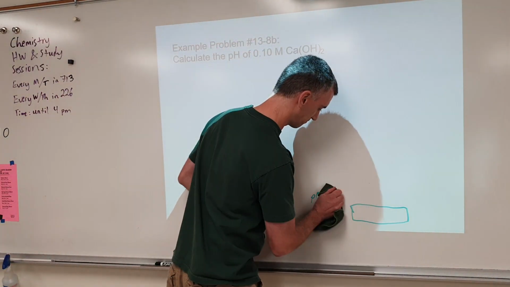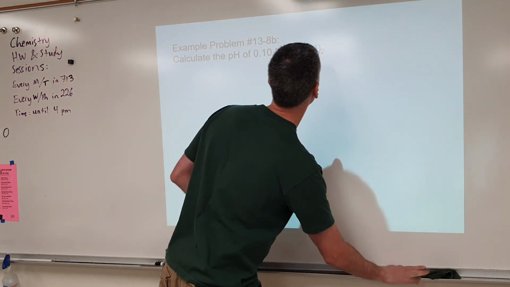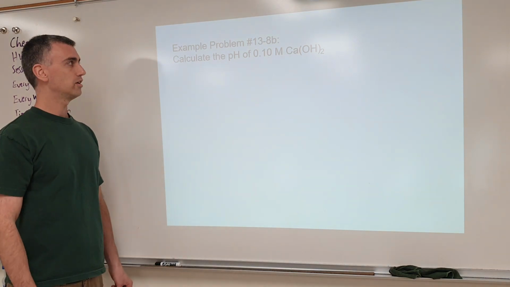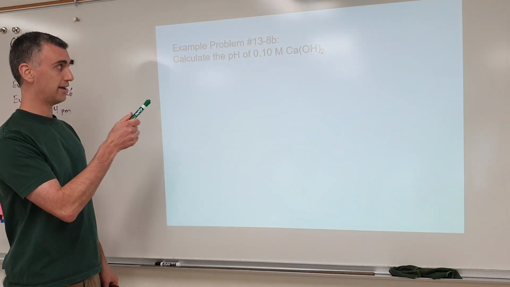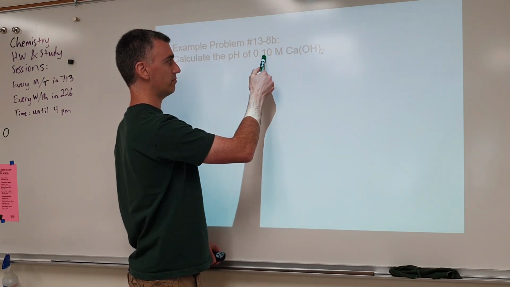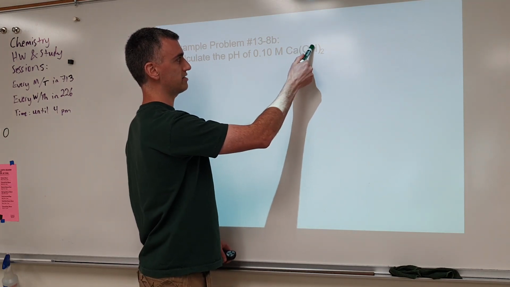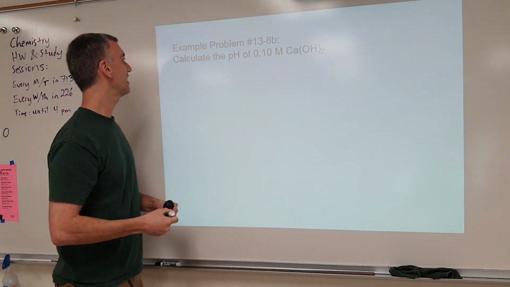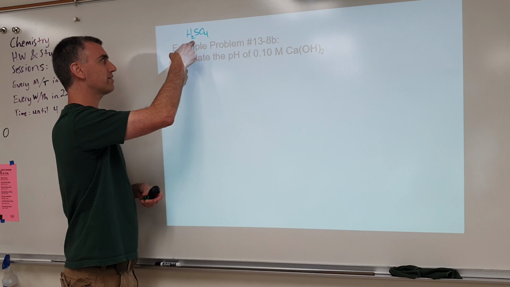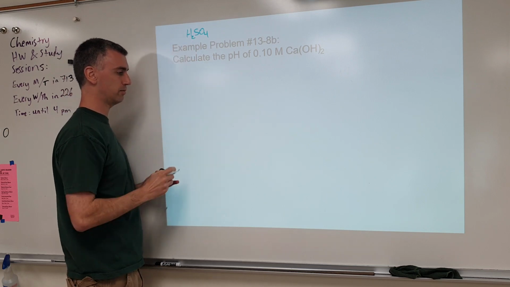Look at this one. It's 2. That makes a difference. If you have 0.1 molar of this, you do not have 0.10 molar of this. There's 2. I know with H2SO4, earlier we said to ignore the fact there's 2 hydrogens because it only releases one of them.